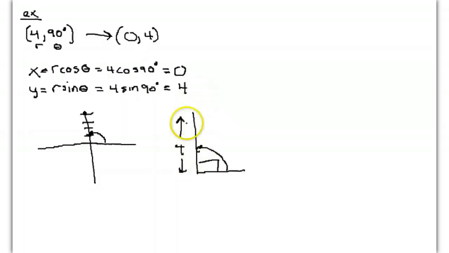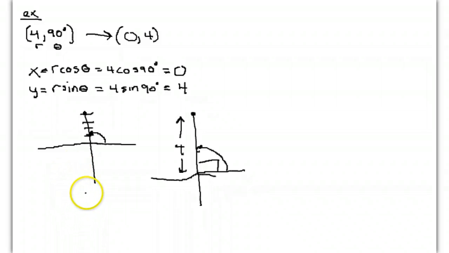And let's say if this was an XY chart and you were plotting 0 comma 4, then that means 0 means you don't go nowhere left and right, but you go up 4. So you're still going to be at the same end point right there. If it was starting at 0, going 90 degrees at a length of 4, you're at the end point. And if you plot 0 comma 4, you're still at the end point. So it's two different grids on the same axis.